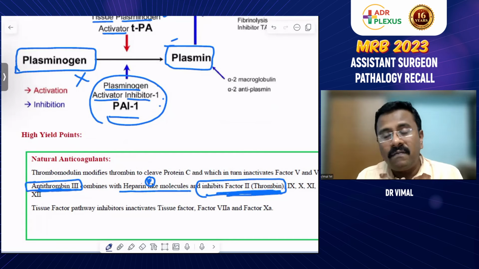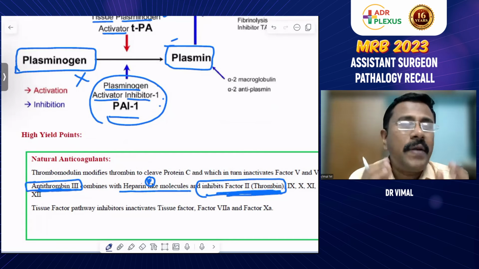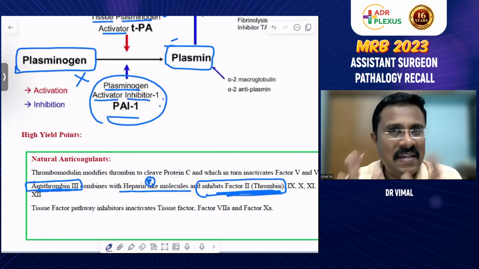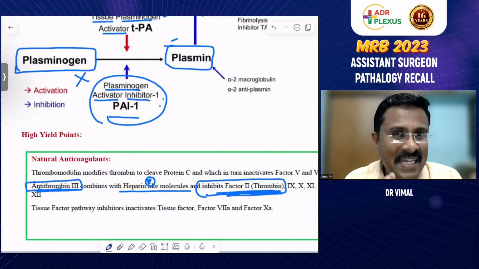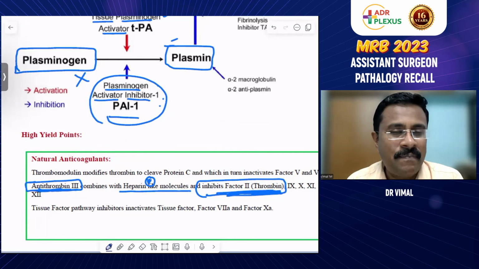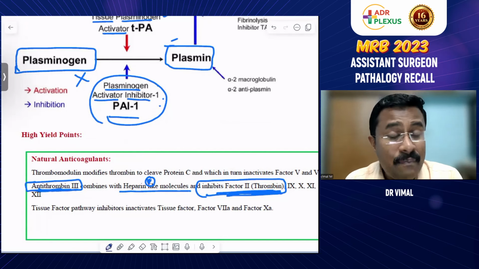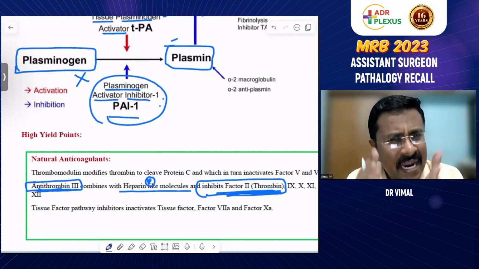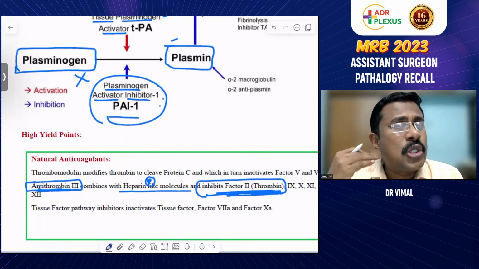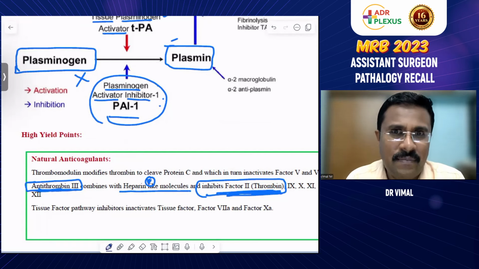Then what is the role of protein S? Protein S acts as a catalyst in the reaction in which protein C degrades factor 5. So if protein S is not there, factor 5 is not degraded properly, its level increases, and there is hypercoagulability.